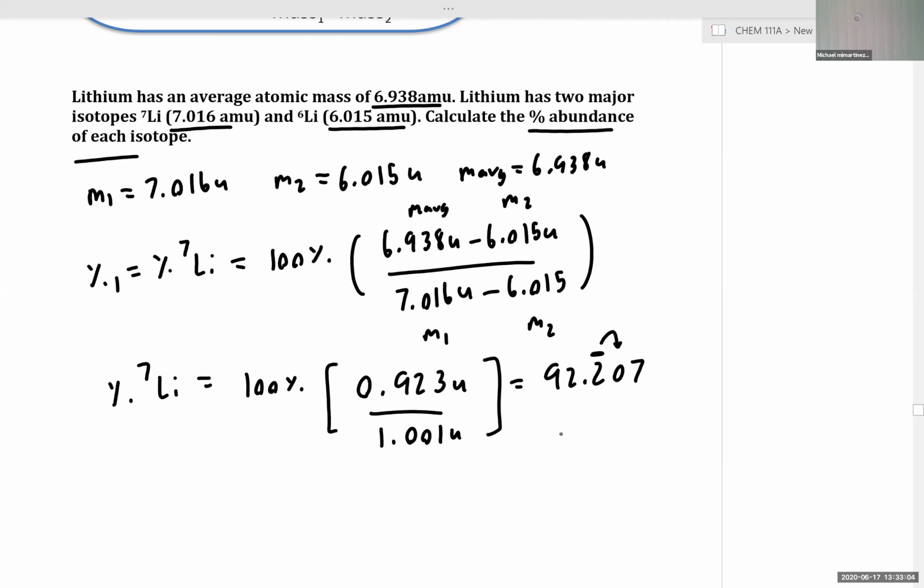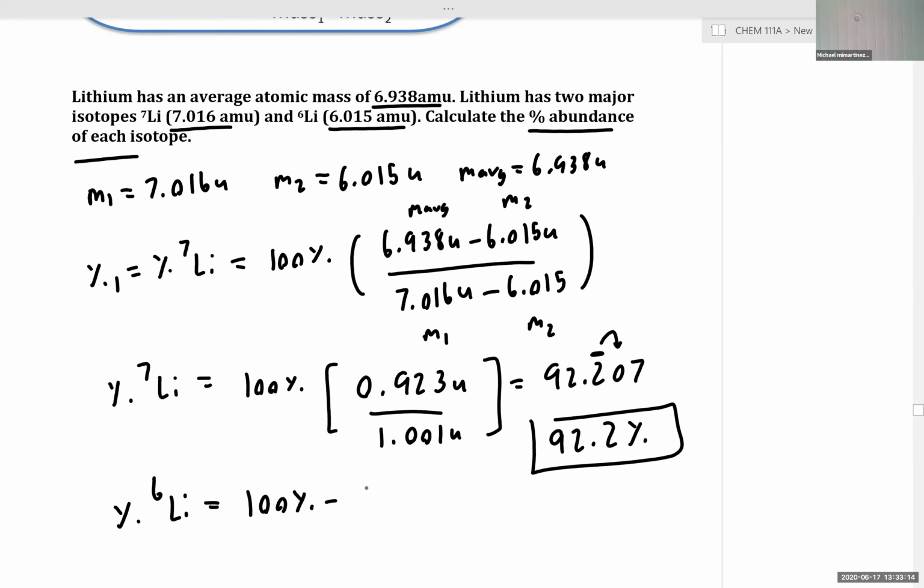We round down, and that gives us 92.2%. The percentage of lithium 6 is equal to 100% minus the percentage of lithium 7, which is equal to 100% minus 92.2, which gives us 7.8%.